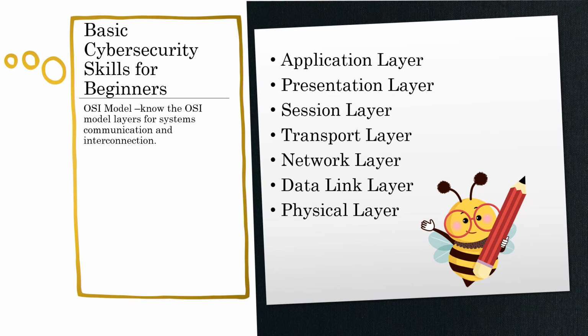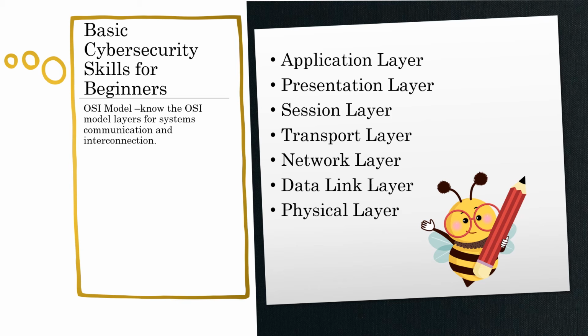You have to know your OSI model, the 7 layers of OSI. This is what helps the layers to communicate and interact with each other. In the application layer, the application accesses network services. In the presentation layer, usable data is encrypted.